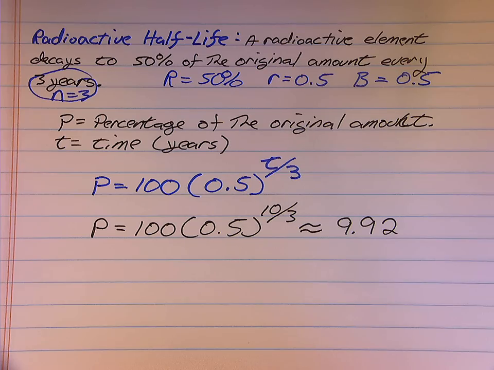Another question I might want to ask: if I'm decaying by 50% of the original amount every 3 years, what is my decay rate for every 1 year? Now, to find the decay rate for every 1 year, I would need to identify the standard factor, not the relative factor.